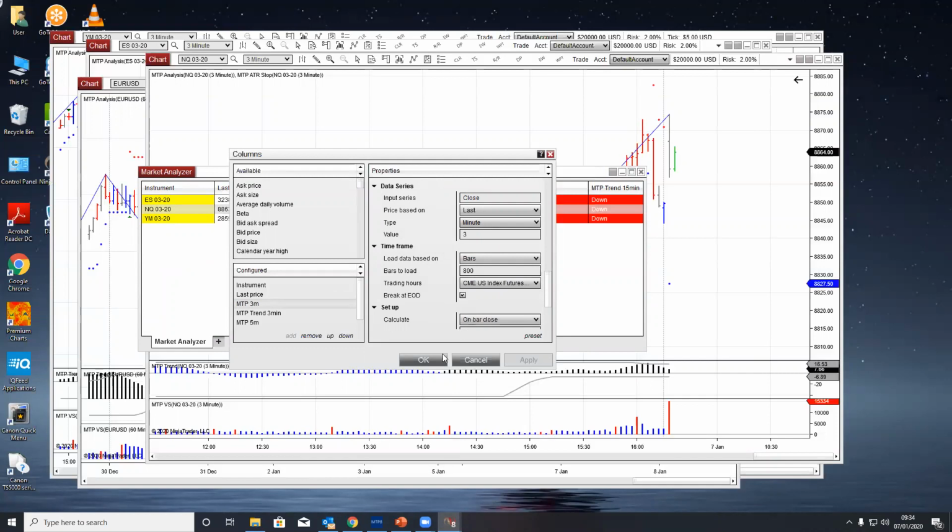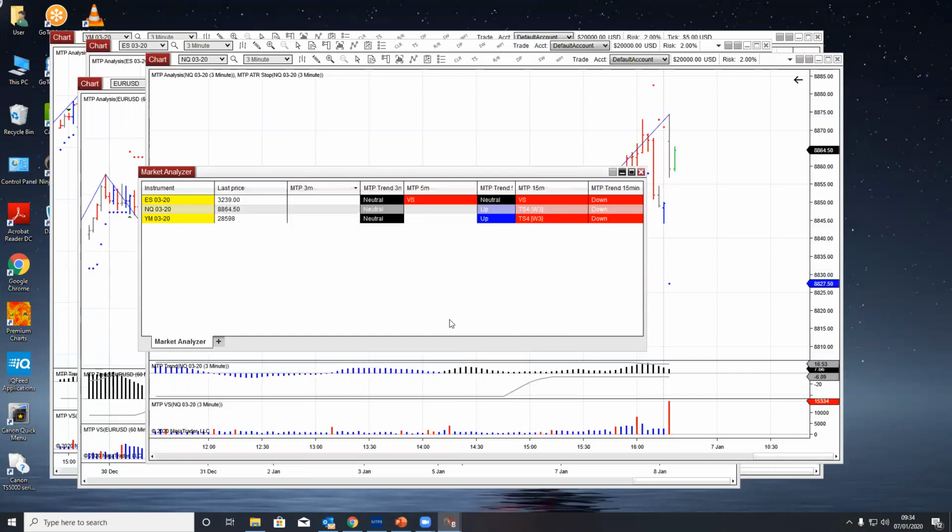If you do, it'll just take a lot to load in and just get in a bit of a mess. So that's a bit more of a tip for one of our traders, our MTPredictor users. So thanks very much, Rick, for that as well. So that might help you guys make NinjaTrader 8 just open a little bit more reliably each day.